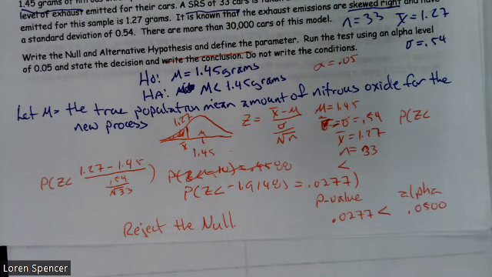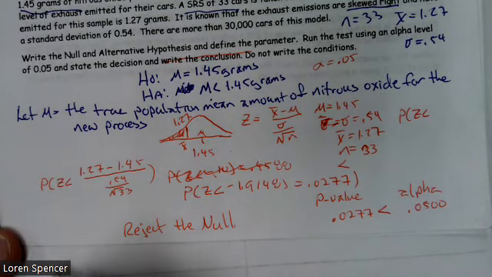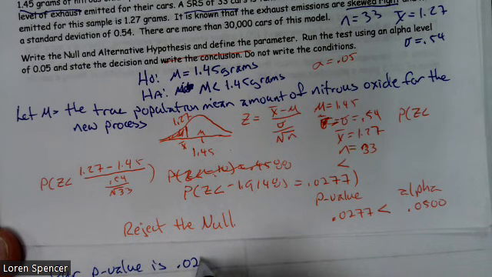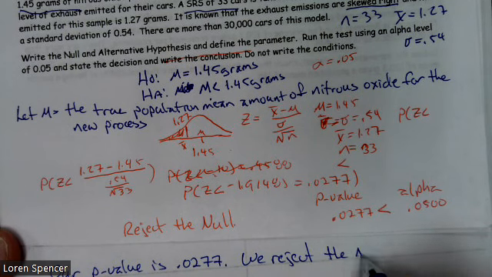If we were to write our conclusion, it would look something like this. Now I'm not requiring you all do that because we don't have room, but our p-value is 0.0277. We reject the null.